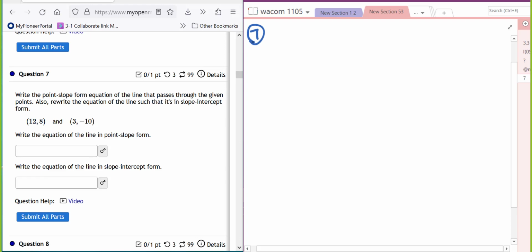And so it wants us to write the point slope form of the equation of the line and then slope intercept, but you're not given all the information that you need. So you are given points. Remember, you need a point and a slope. So you are going to have to calculate the slope first.